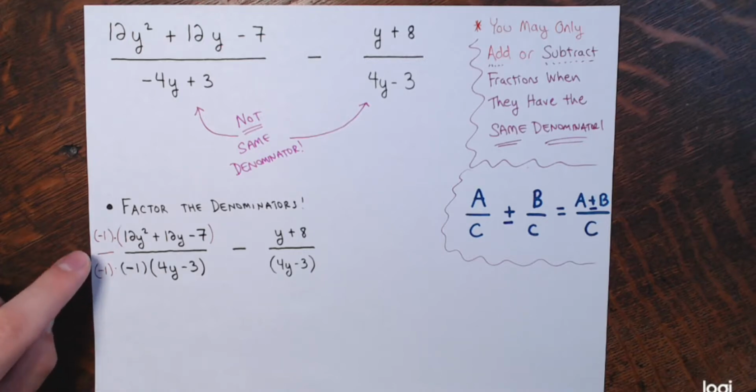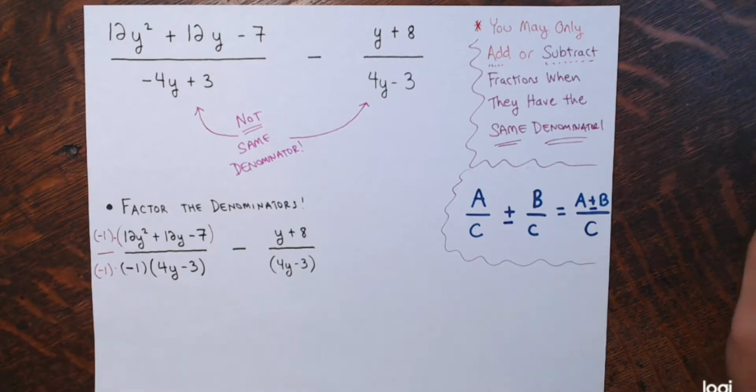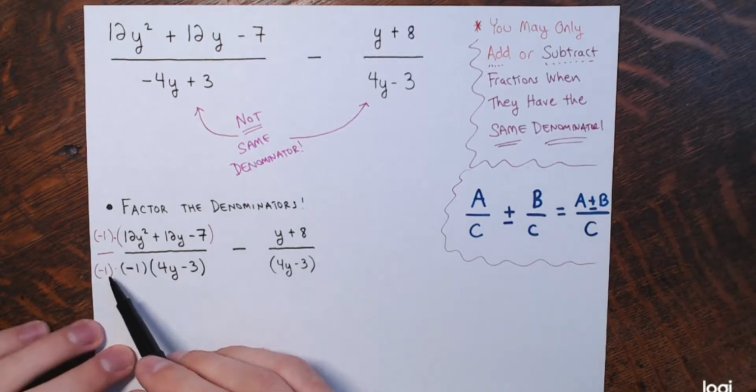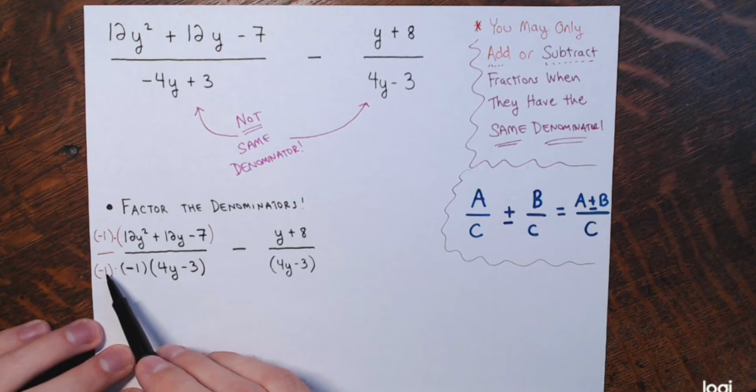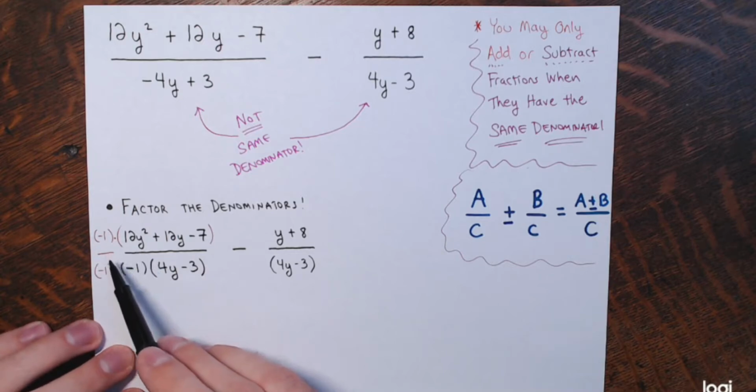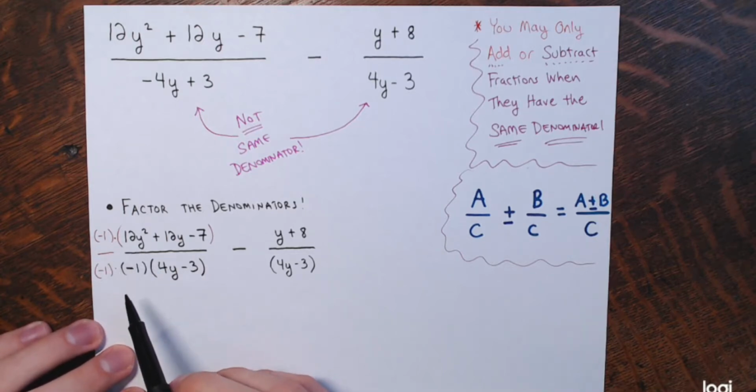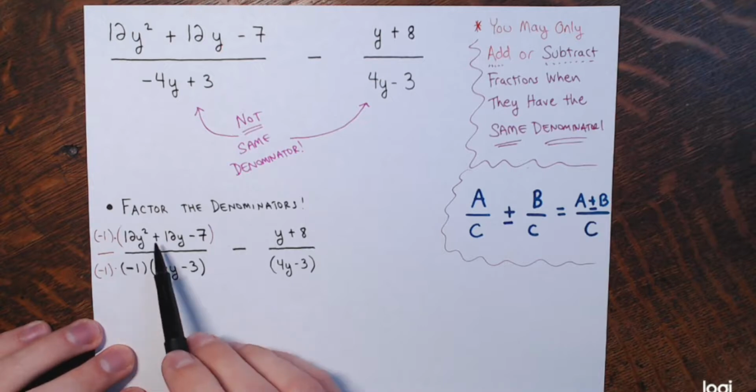Because if you multiply just the numerator by something, you'll change the value entirely. So we multiply the numerator and denominator by the same thing. That way it's like you're multiplying this fraction by 1. Anything divided by itself is 1. And when you multiply by 1, you're not changing the value at all. So we'll get an equivalent expression, right?